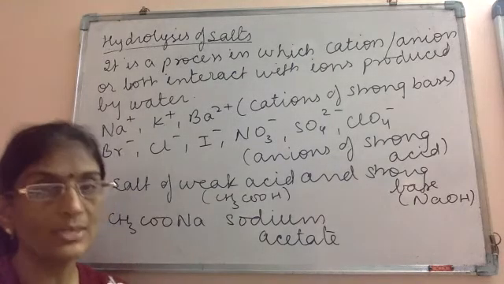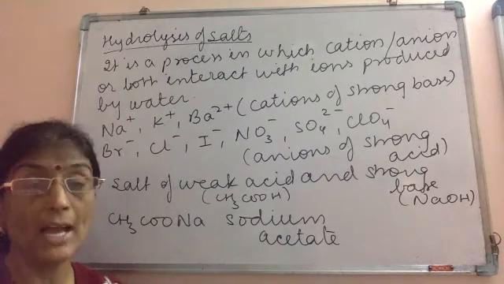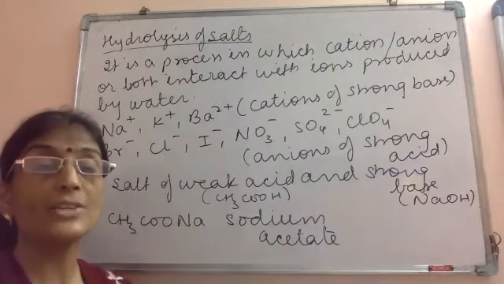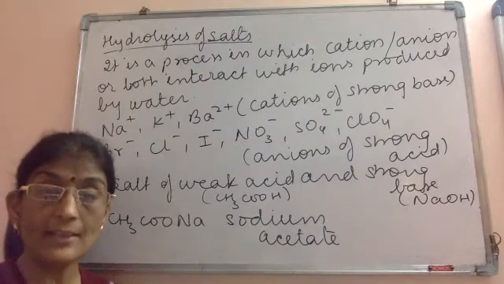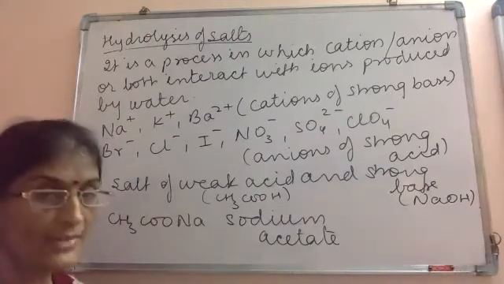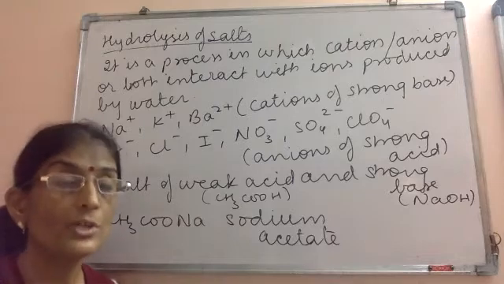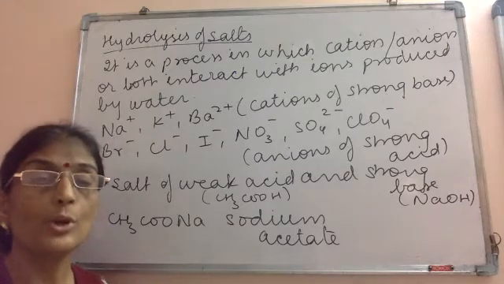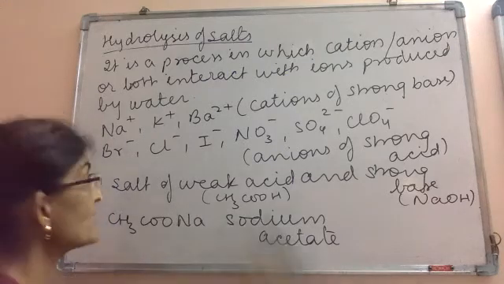How does it undergo hydrolysis? After hydrolysis, is the solution acidic or basic? Let's see. Clear? So now we are studying hydrolysis of sodium acetate, the salt of a weak acid and strong base.